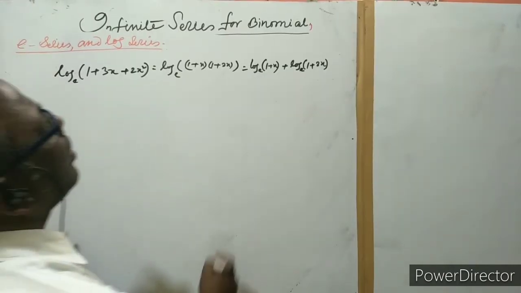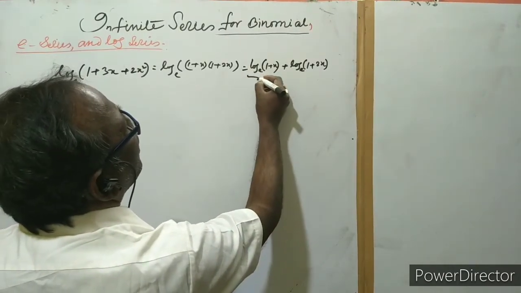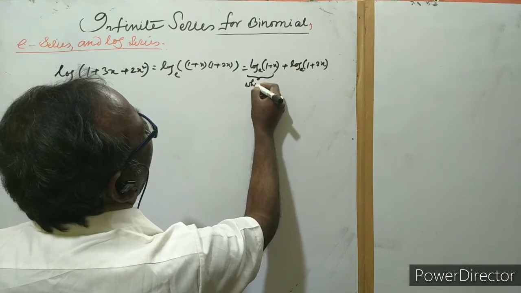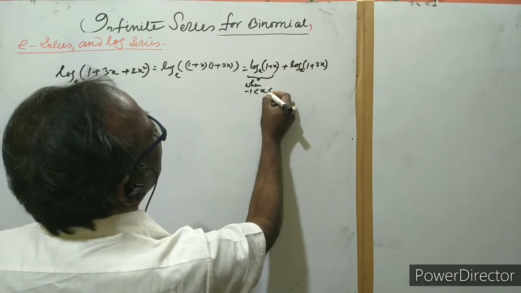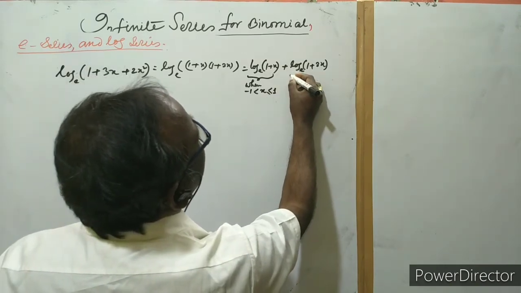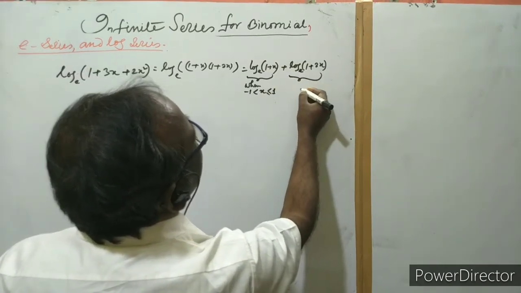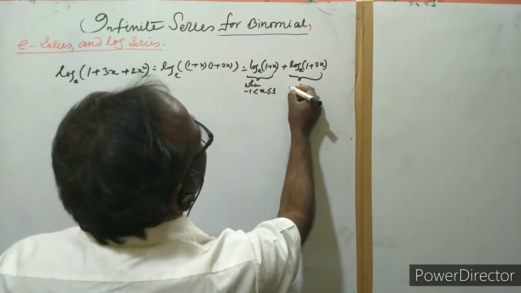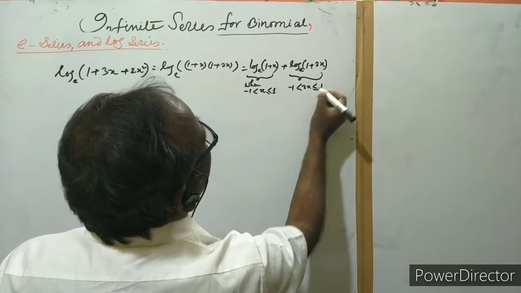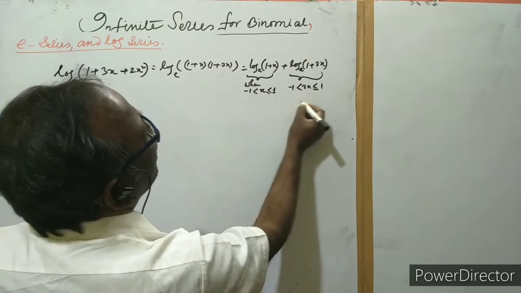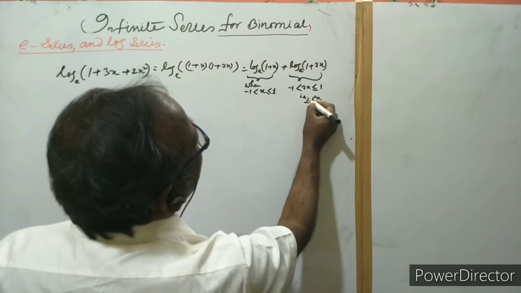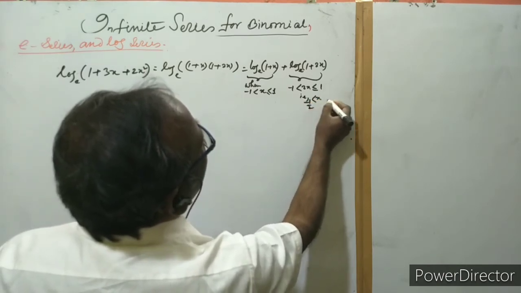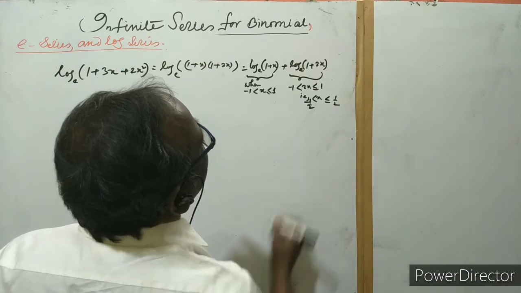And this log 1 plus x can be expanded when x lies between -1 and +1, and the other can be expanded when x lies between -1 by 2 and half.